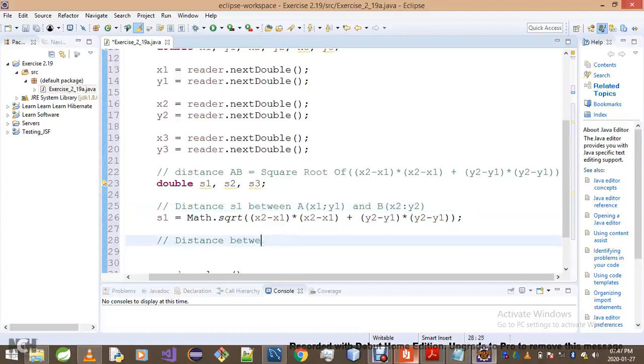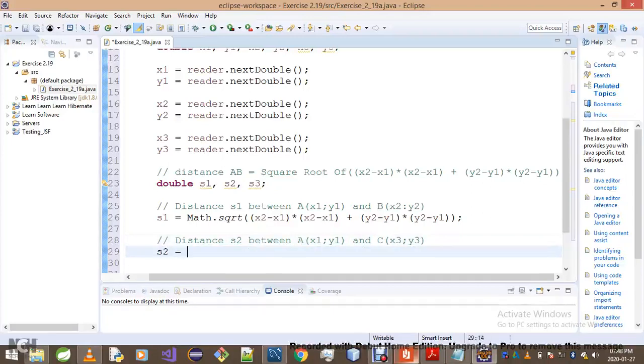Okay, so now this is the distance S2 between A and C. A is giving us x1, y1, and C is nothing else but x3, y3. Now the distance S2 between A and C is what we're looking for.